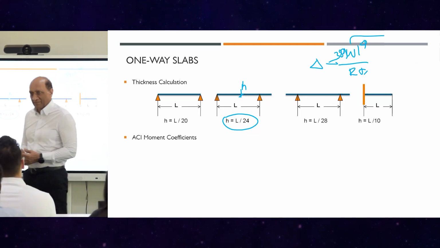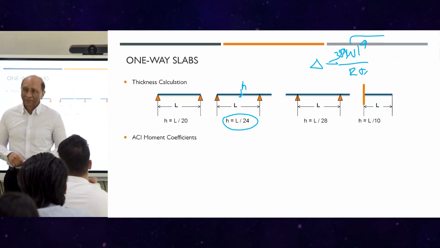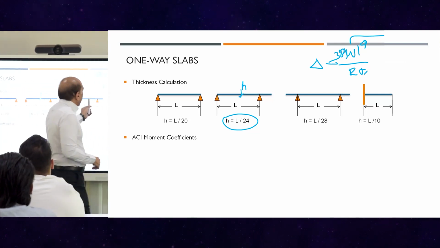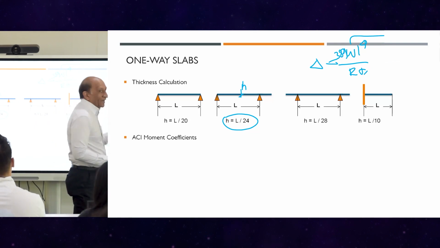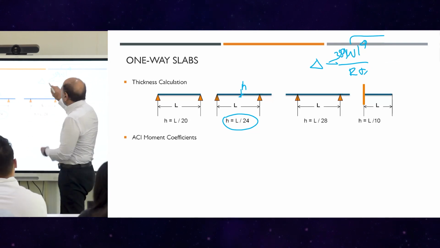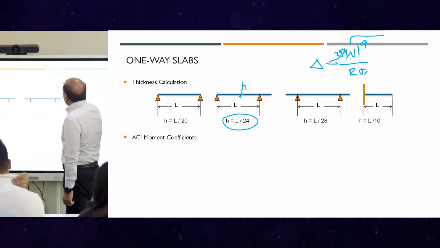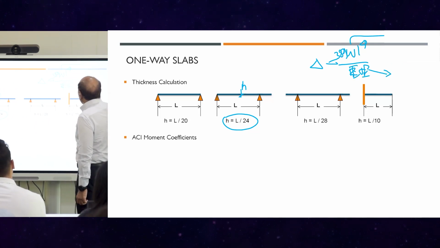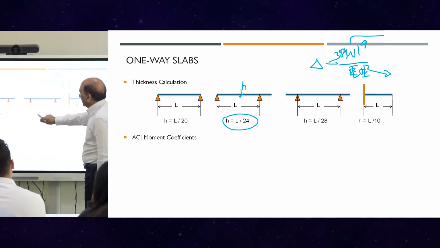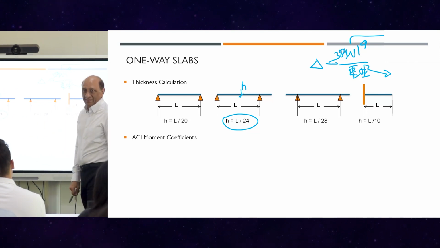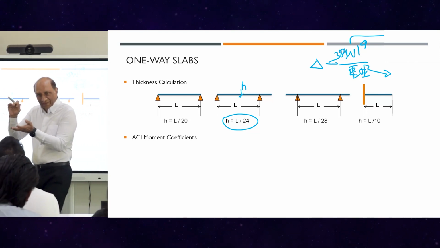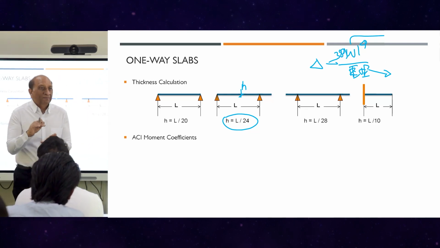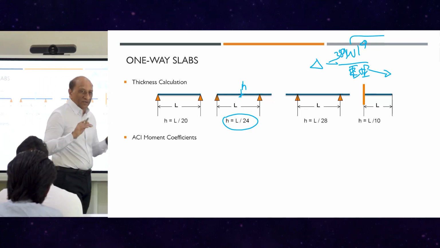So good that you remember those two formulas, deflection and moment. So they're saying that to control the deflection, the thickness, which will actually determine E and I, should be like this. So they try to limit the thickness of the slab to avoid large deflections for a given span.